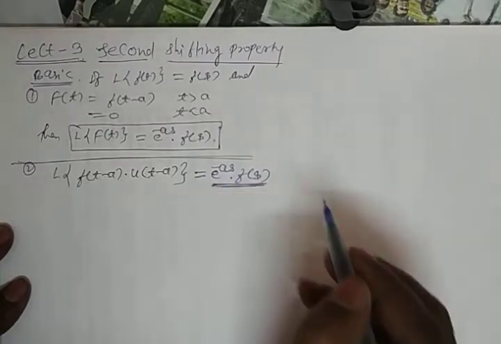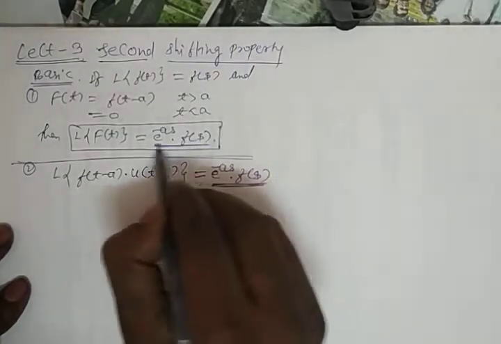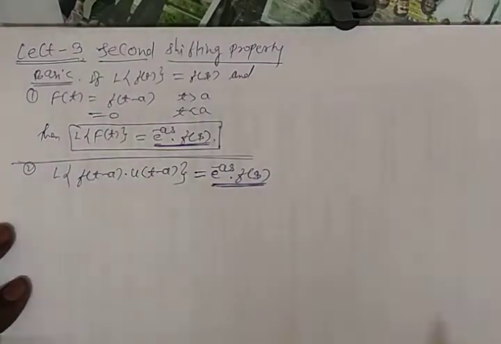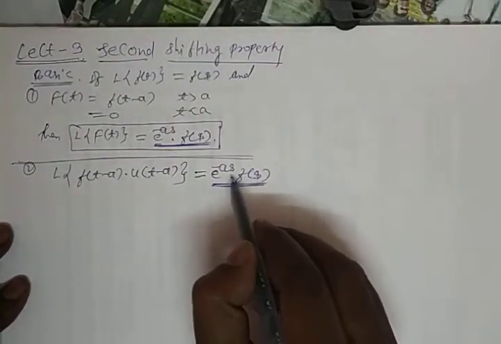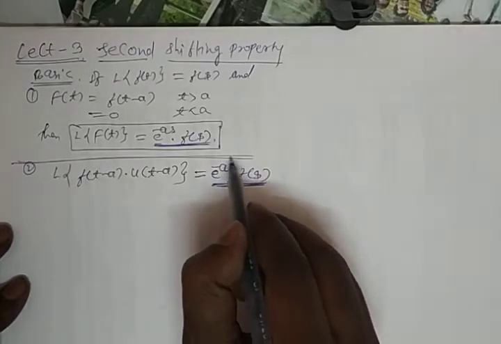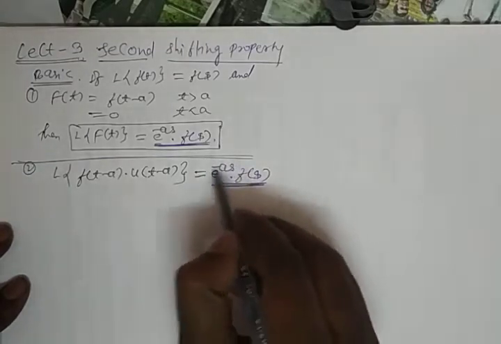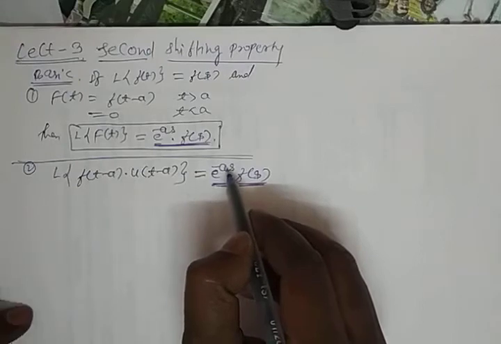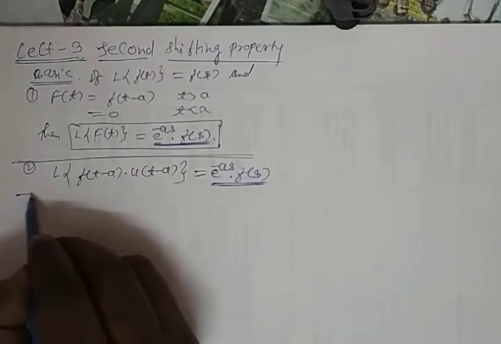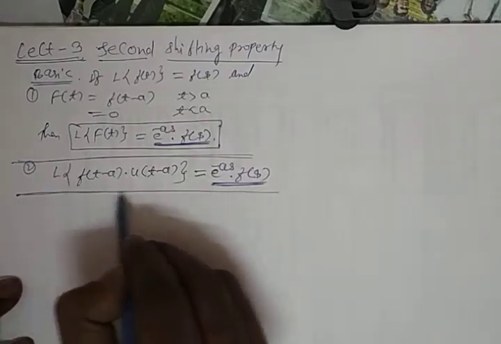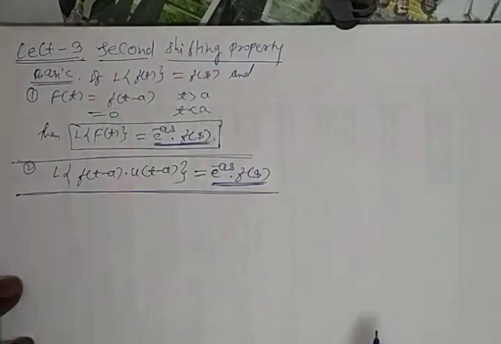So this is also e raised to minus as into f of s. So that means whenever there is in multiplication of f of s, whenever there is e raised to minus as or e raised to plus as, then in that case we have to use this particular second shifting property or unit Heaviside function. Both are same. So this is the basic that we have studied.